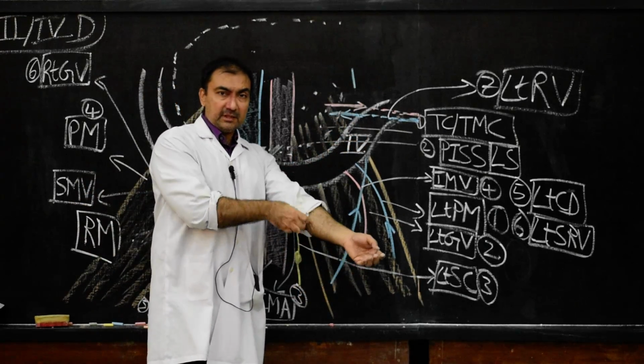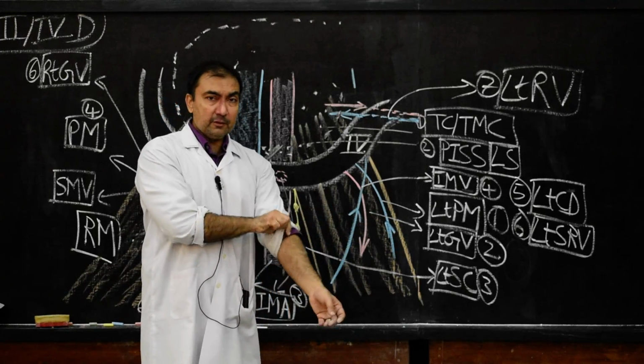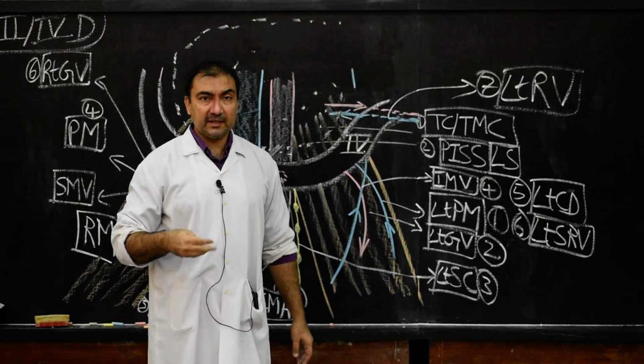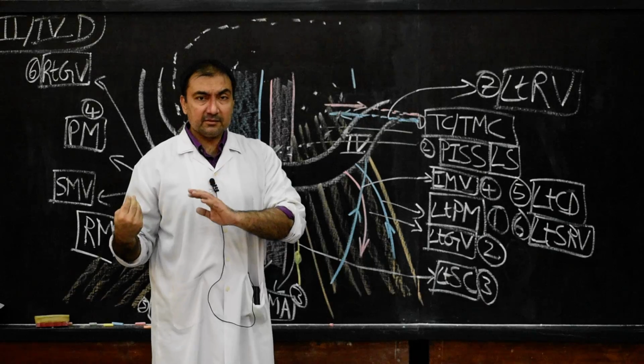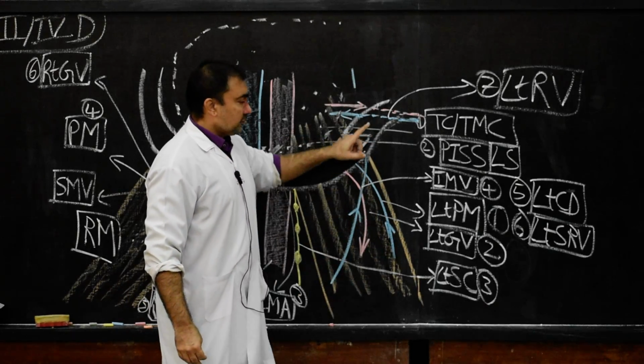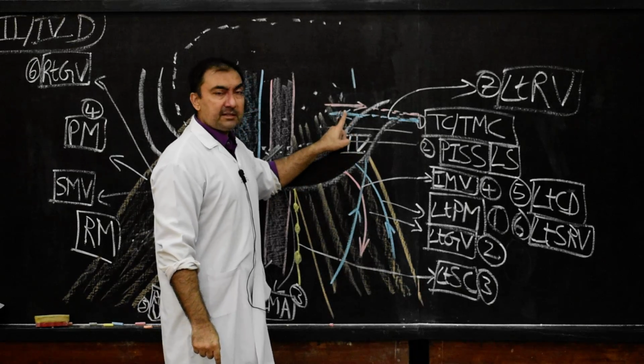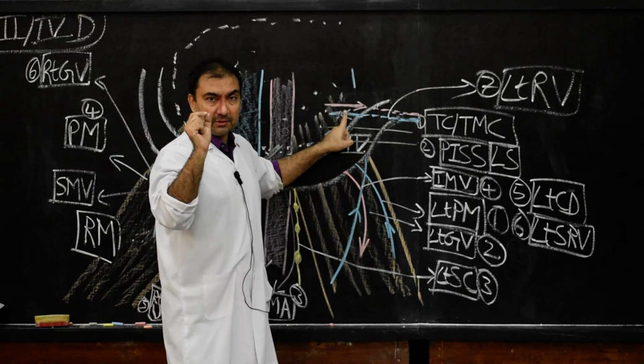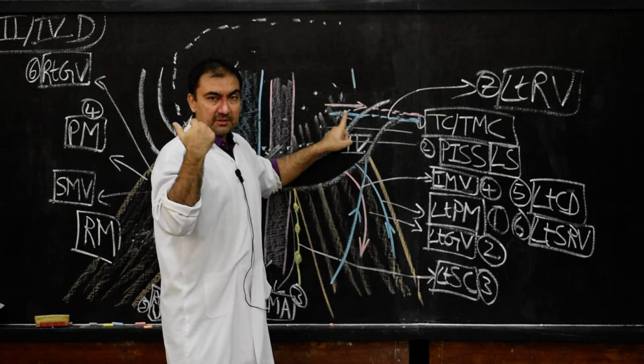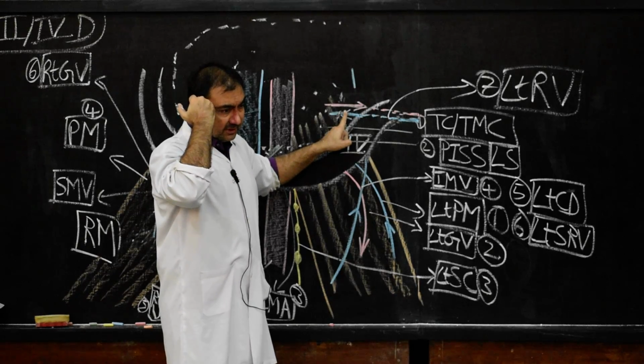Instead of the word medial, many times it is asked in MCQs as right side. So which structure lies on the right side of the fourth part of duodenum? Options A, B, C, D. Out of that, one option will be uncinate process of pancreas. Please note down. Structure on the right side of the fourth part of the duodenum, uncinate process of pancreas.